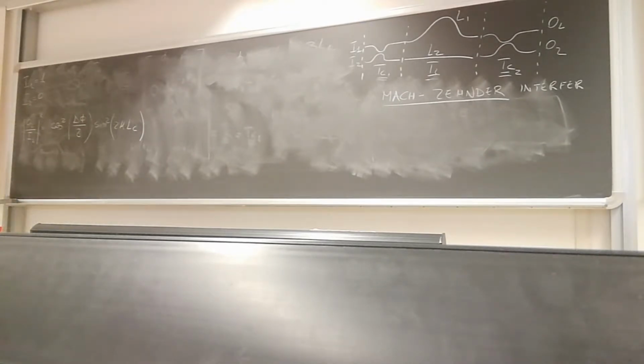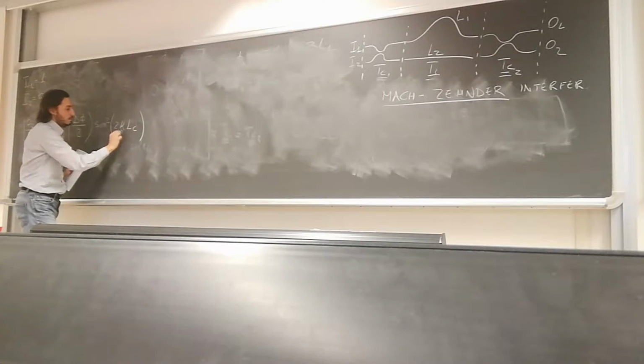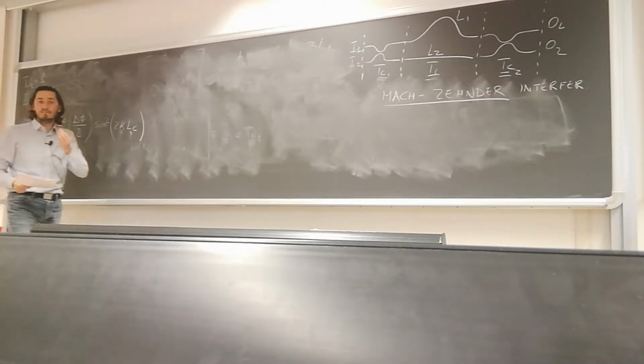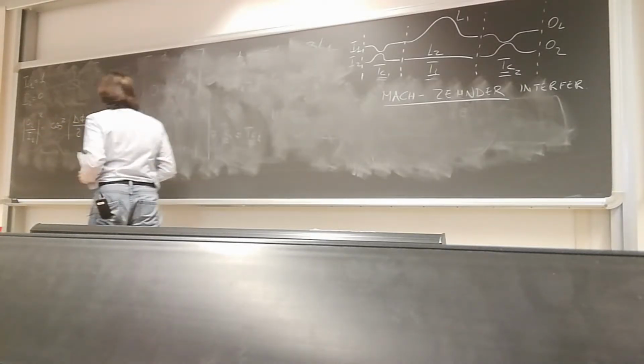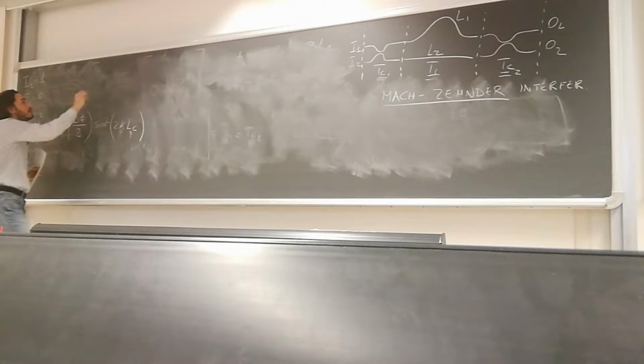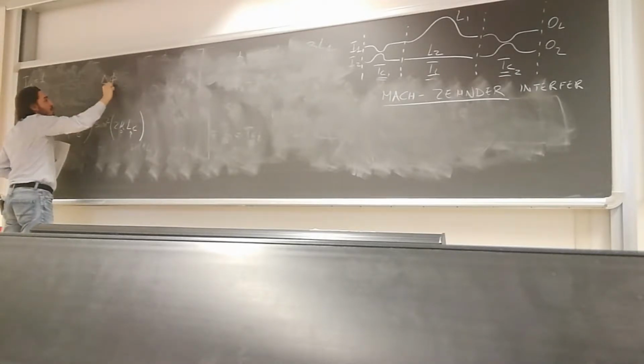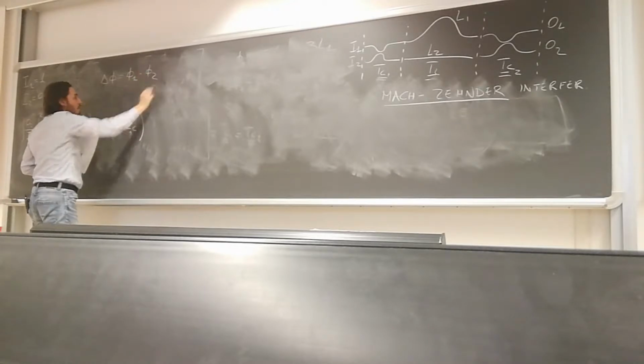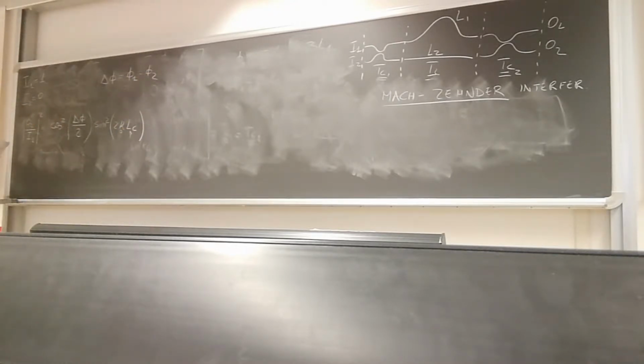Okay. So we already defined these two. So these are the two terms related to the splitter and combiner, K and LC. And then delta phi is basically phi1 minus phi2.